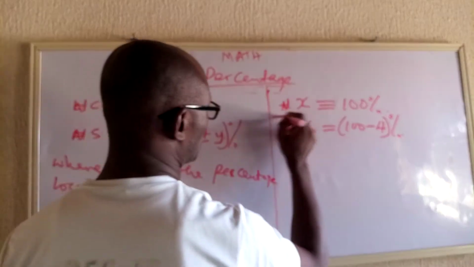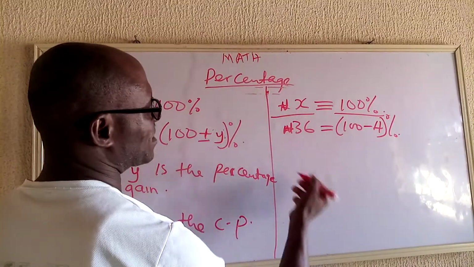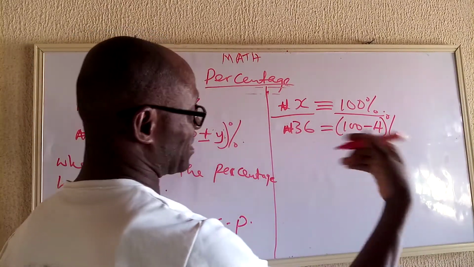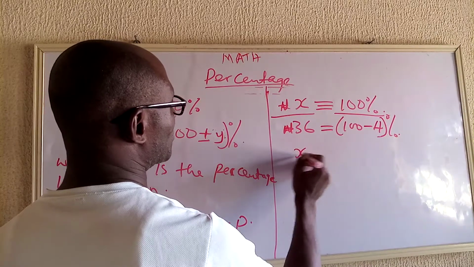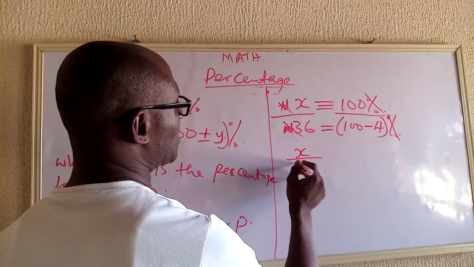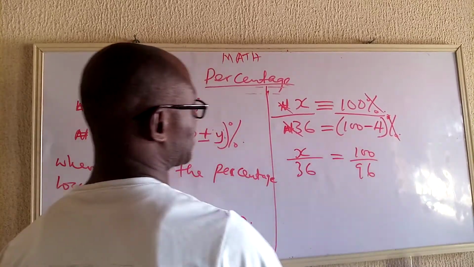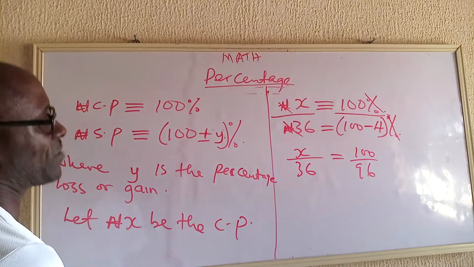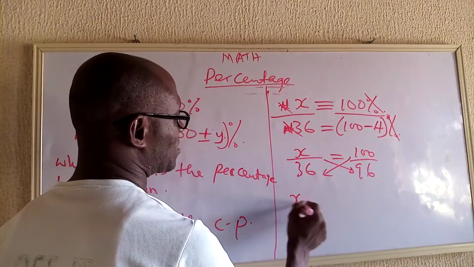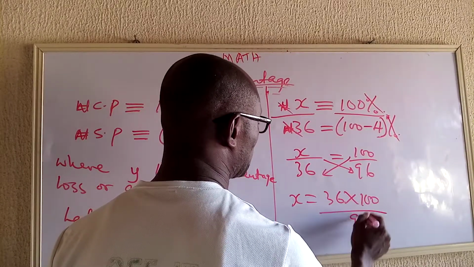So all you need to do is to express them as a fraction. Put a line, then you cross multiply. Don't forget that 100 minus 4 is what? 96. That means X over naira, we cancel naira, percent, we cancel percent. So X over 36 equals 100 over 96. Then you cross multiply and make X. So X will be 36 times 100 over 96.